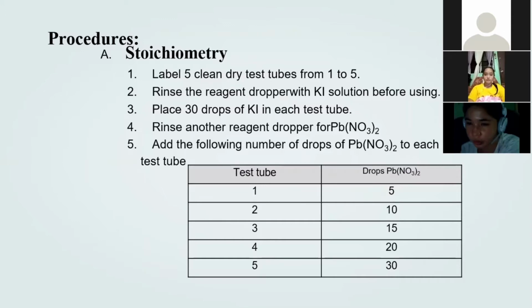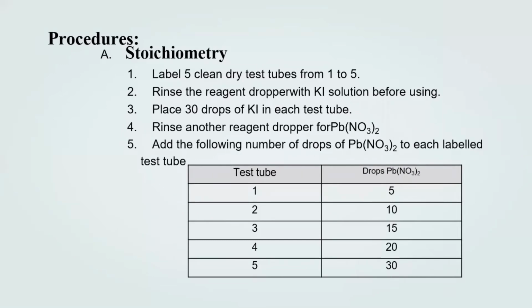Procedure number 4, rinse another reagent dropper for lead nitrate, and procedure number 5, add the following number of drops of lead nitrate to each labeled test tube.